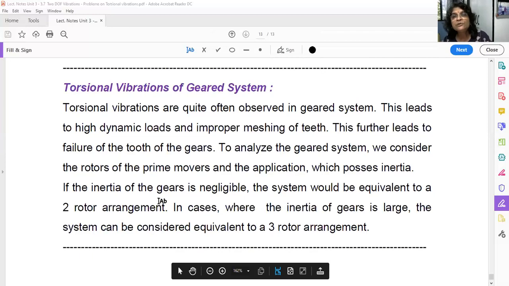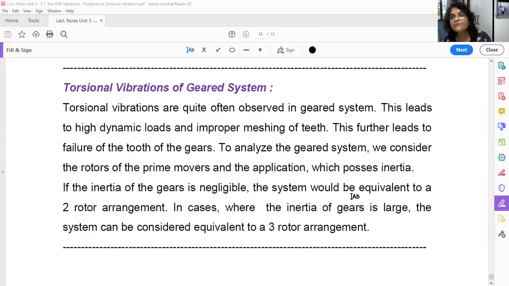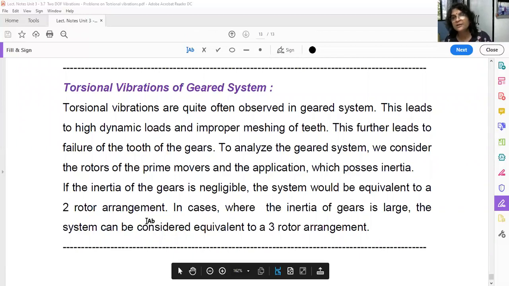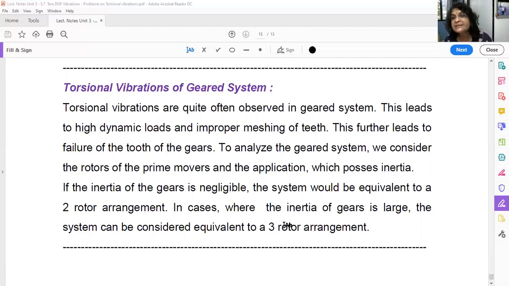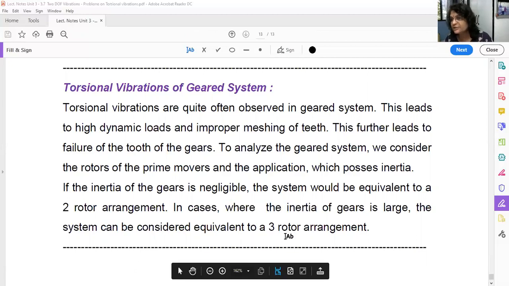Then you can follow all the procedure we have followed in these 2 rotor torsional vibrations. In cases where the inertia of the gears is large, the system can be considered equivalent to a 3 rotor system. The same procedure is followed for a 3 rotor system also, but that is not for your syllabus.